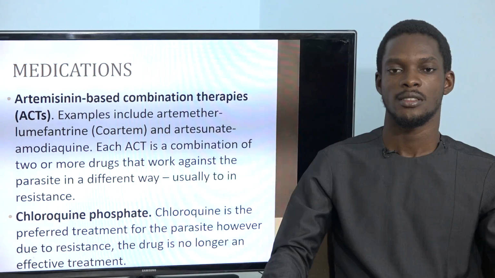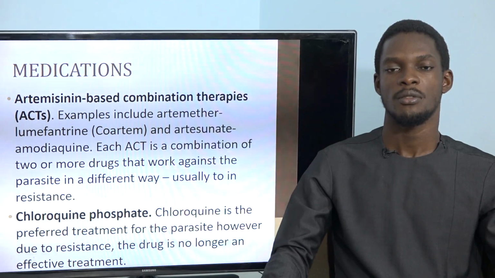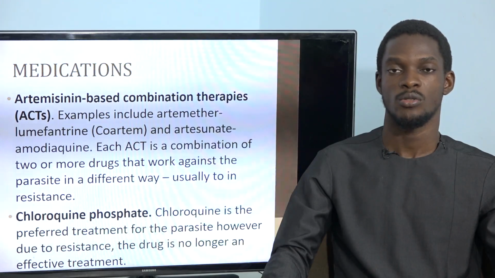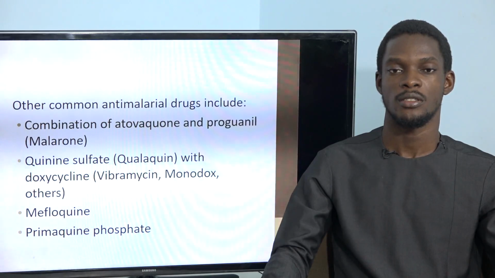Chloroquine phosphate, like I've already mentioned, was the best drug, or the first drug of choice, for treating malaria. However, as time has gone on, resistance has taken place, and therefore it is no longer in frequent use.